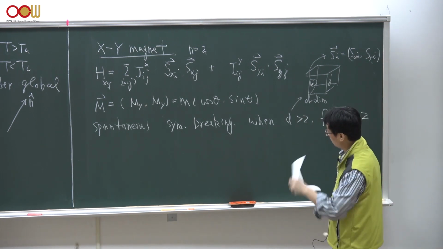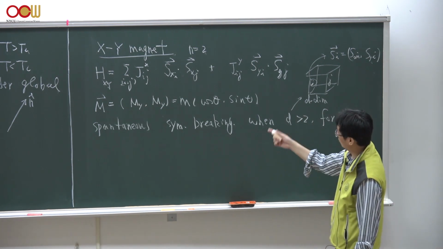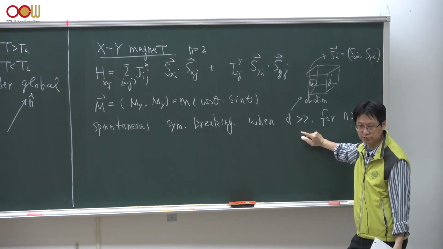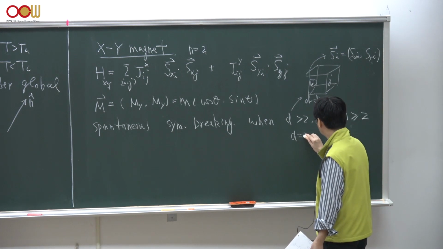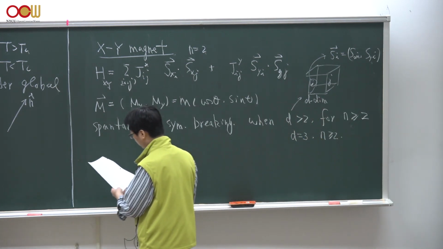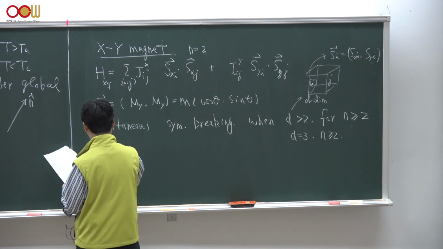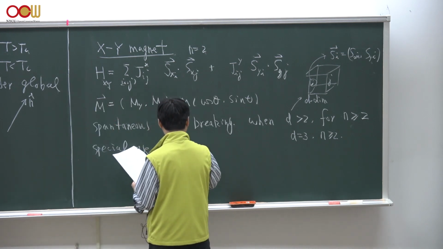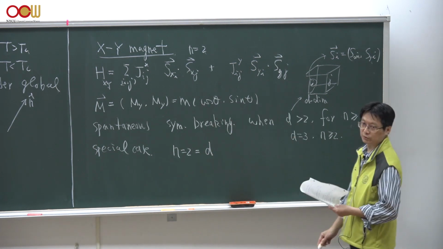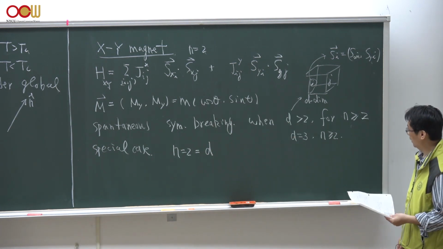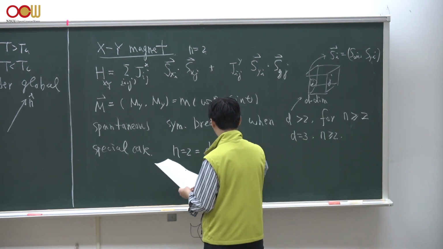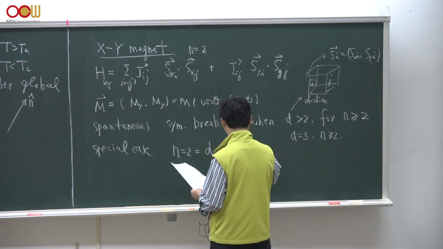So we have a spontaneous symmetry breaking of the XY model when the dimensionality of your lattice is greater than 2, meaning for a three-dimensional XY model, we have spontaneous symmetry breaking. But there's a special case when we have a two-component magnetization, but the lattice is also two-dimensional. Then when D and n both are 2, this is a different transition called the KT transition.